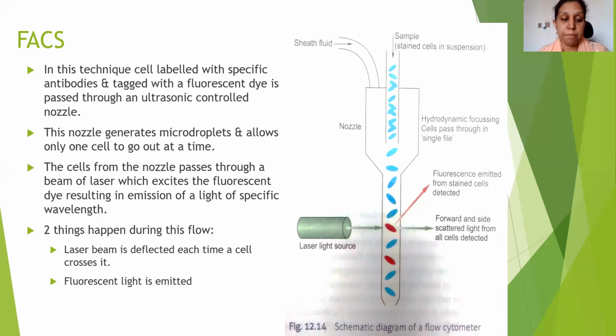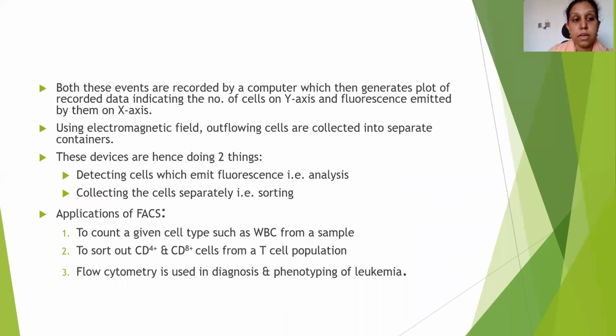And two things will happen during this flow. The laser beam is deflected each time a cell passes, and fluorescent light is emitted. Both these events are recorded by the computer, which generates a plot of the recorded data indicating the number of cells on the y-axis and fluorescence emitted on the x-axis.